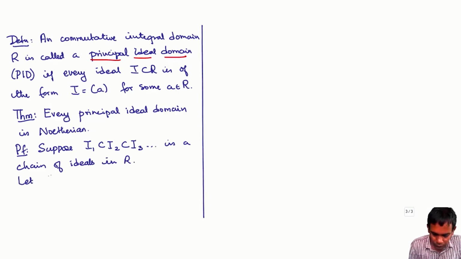Let I be the union of all these ideals, the union over n from 1 to infinity of I_n. Then I claim that I itself is an ideal.